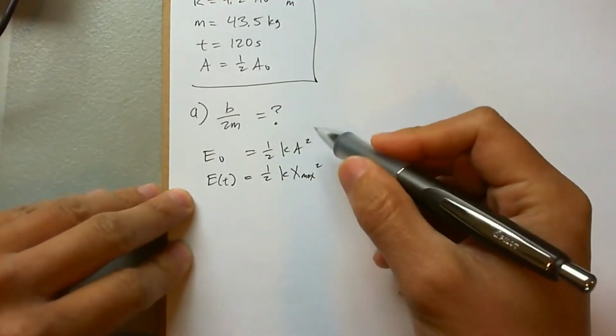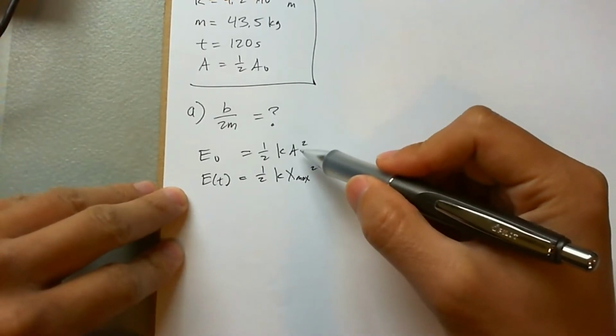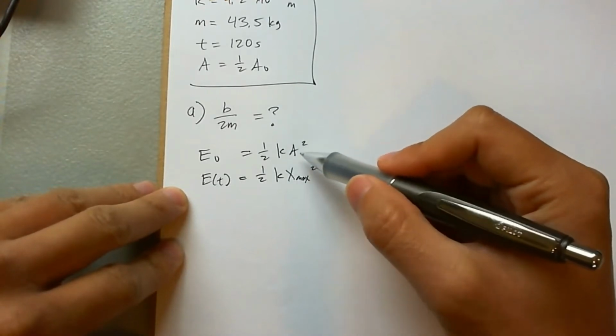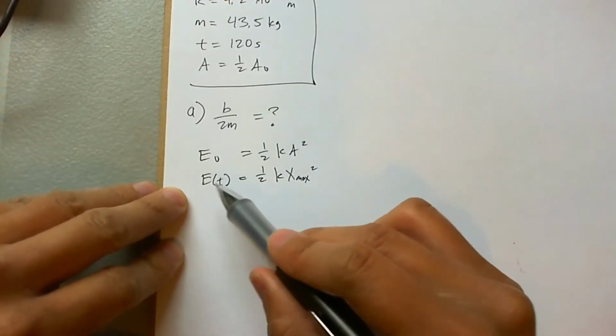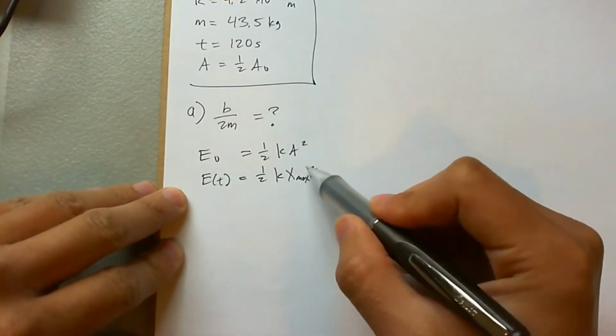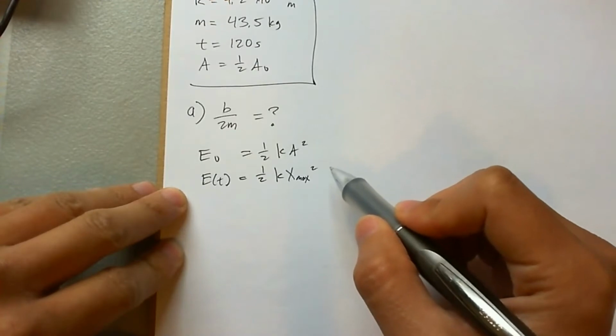And you see that they're similar, right? E naught is before any damping occurred, so A is the full amplitude of the oscillator. But as time goes on, the damping effects take place, and x max just means how far an oscillator makes it before coming back.